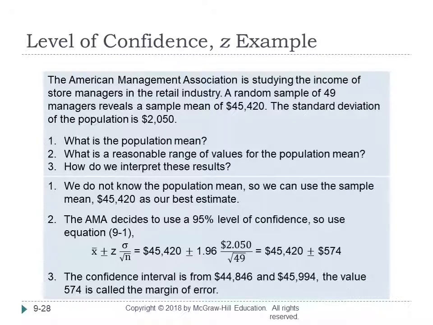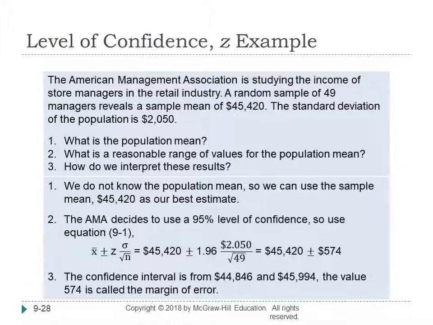Well, this is a 95% confidence interval. There is more than one way to look at the result, but they are equivalent. We are 95% confident. If you select any sample of the same size, size 49, we are 95% confident that the mean will be between those two values.